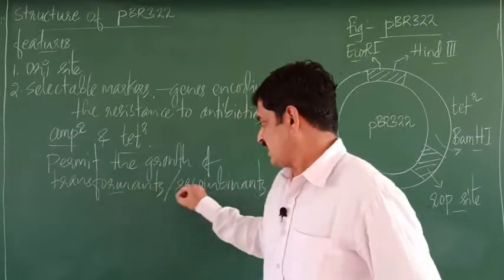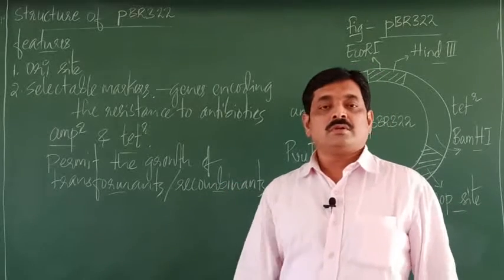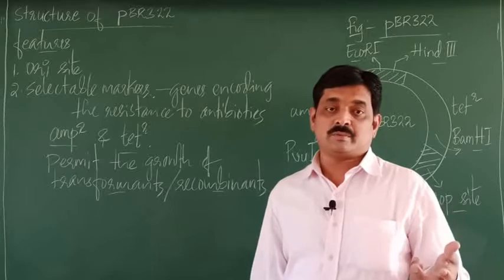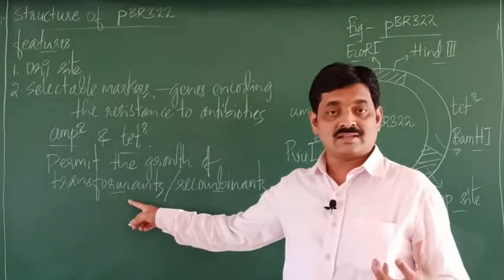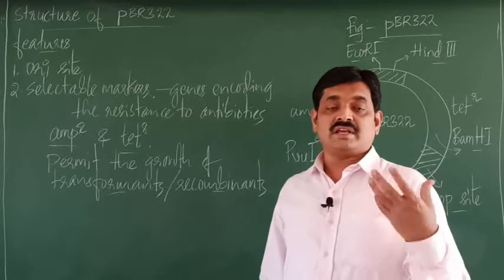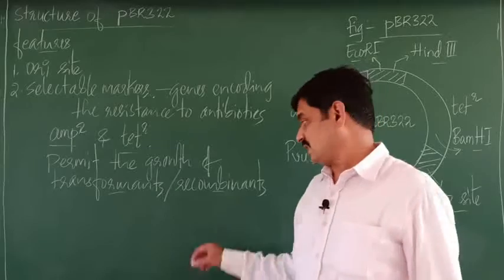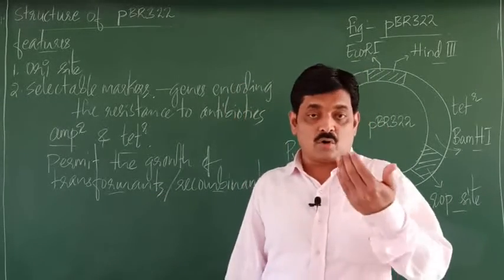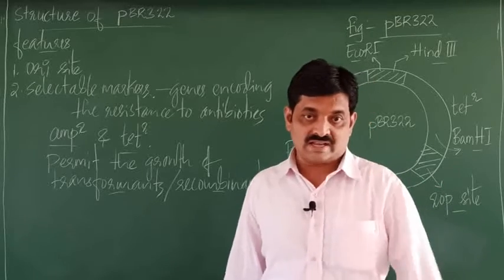So what are these transformants or recombinants? When E. coli cells undergo transformation, those cells are known as transformants. Or when E. coli cells undergo recombination, then those cells are called recombinants. So the meaning is same. That means a foreign gene is introduced in the E. coli cells through a plasmid.